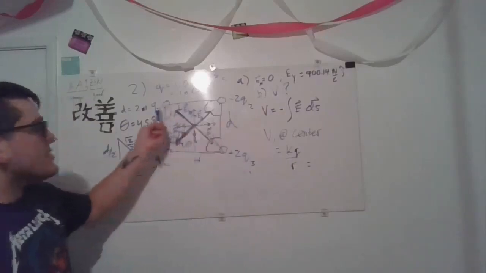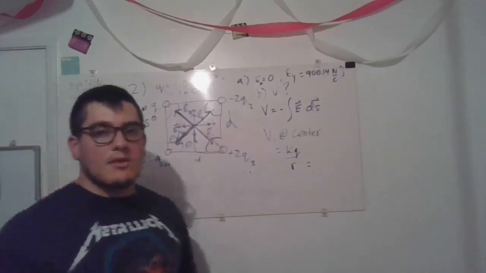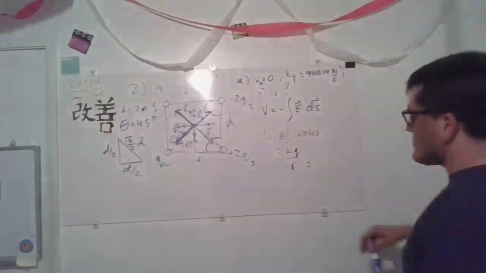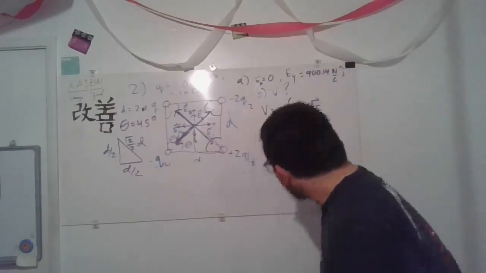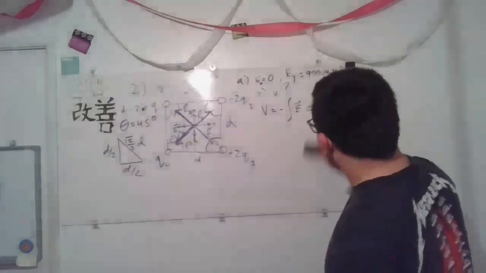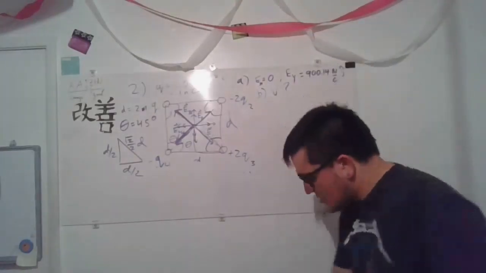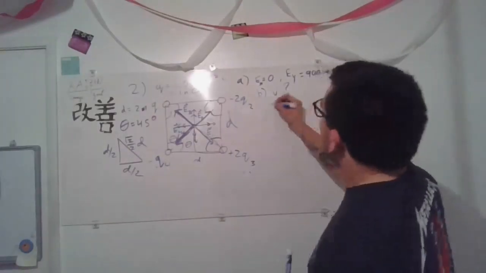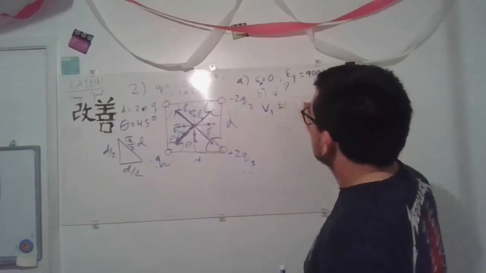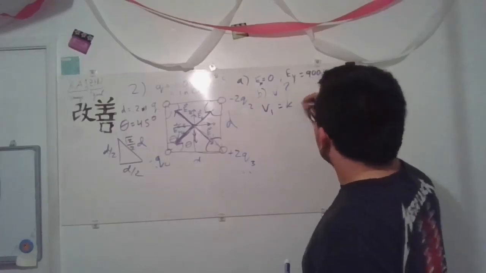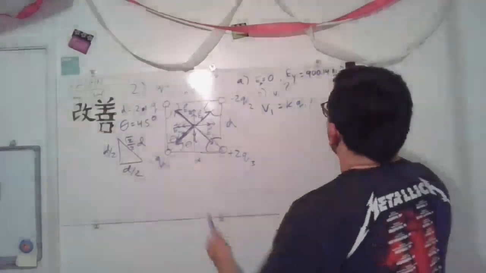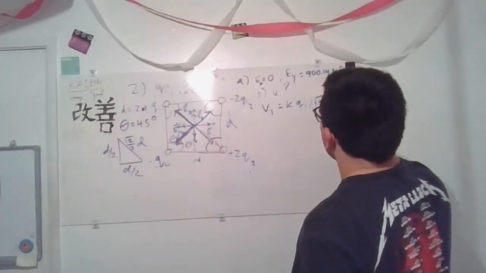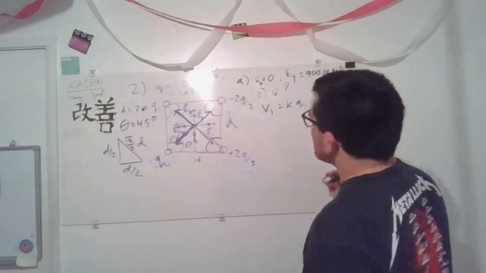The charge is going to be the charge on Q1, and then there you go. So you can do this. Let's just go ahead and go with that approach. So V1 is going to be equal to K Q1 over this R, which is radical 2 over 2 times D.